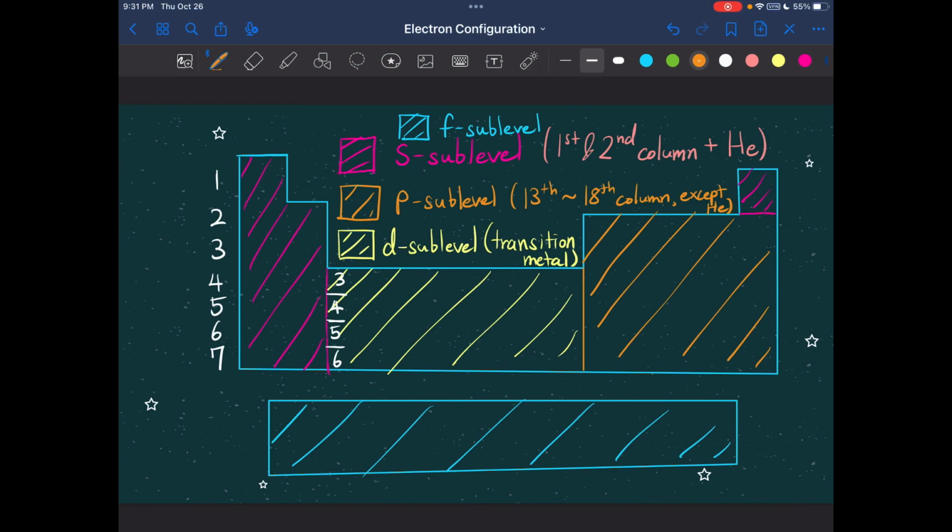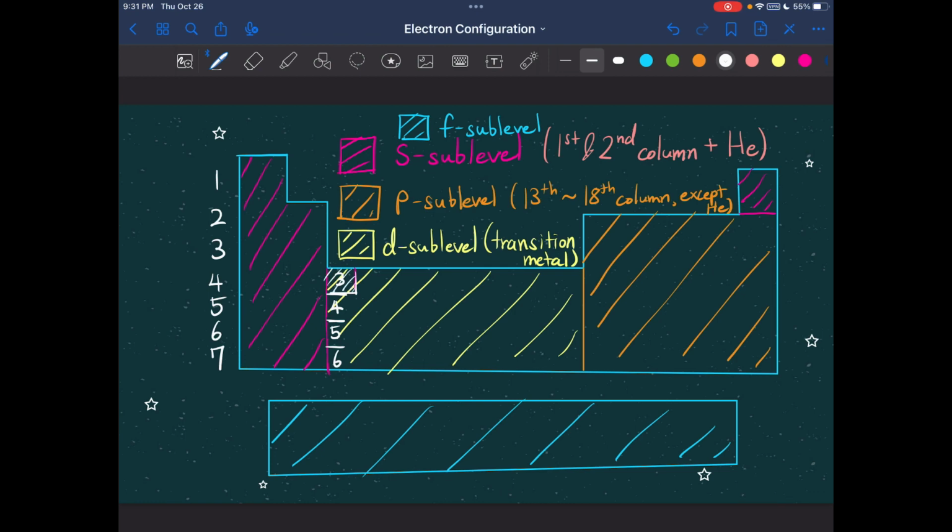Okay. So based on this, one thing I want to make sure is that when you get to the D block, it's a little bit annoying. Let's say, for example, we use the periodic table to find scandium, which is located right here.